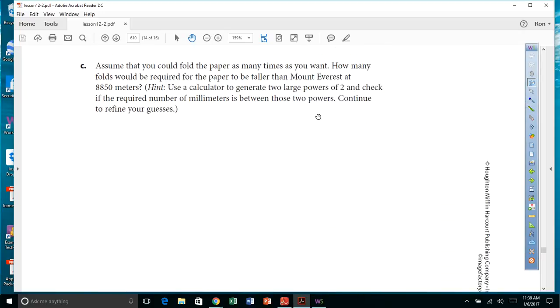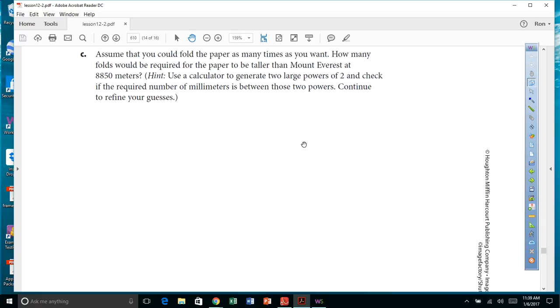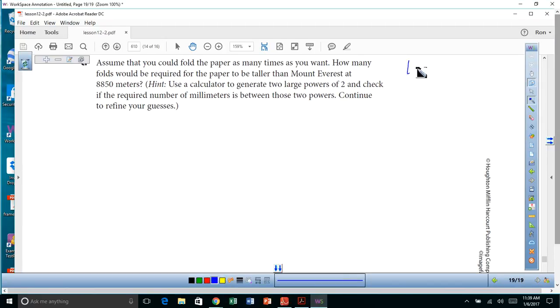And what about part C? Assume that you could fold the paper as many times as you want. How many folds would be required for the paper to be taller than Mount Everest at 8,850 meters? It gives you a little hint there. First off, we need to convert: 1 meter equals 1,000 millimeters.